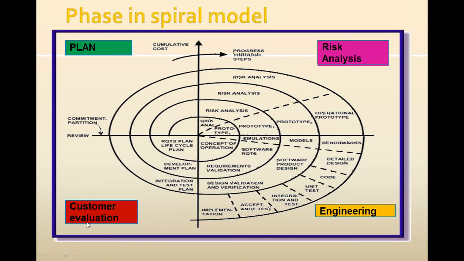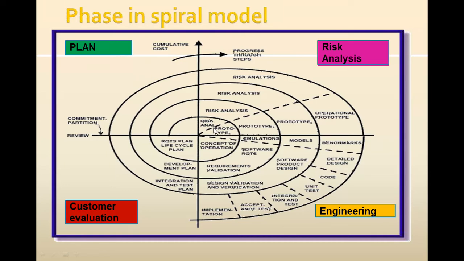So in this customer evaluation, this is the fourfold. In this, you see here, right, requirement plan, life cycle plan, development plan, integration and test plan. So while you go through this spiral, you go through the plan phase, then risk analysis.